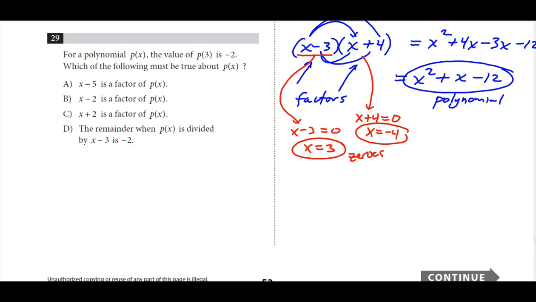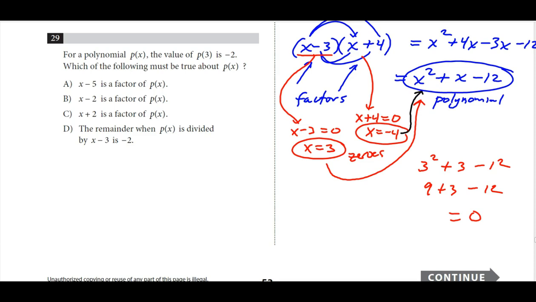So for instance, if I take this very first piece, and so let's just try the 3. I'm going to plug the 3 in, and I get 3 squared plus 3 take away 12. You'll notice that that's 9 plus 3 minus 12, which comes out to be 0. The same thing would happen, I'm not going to do it, if I were to put negative 4 in there.